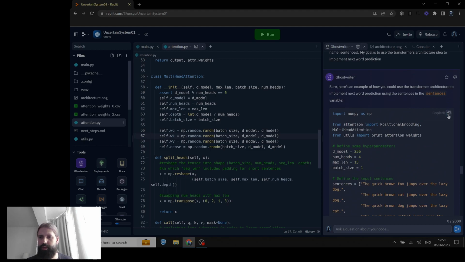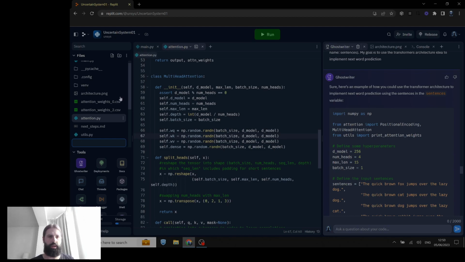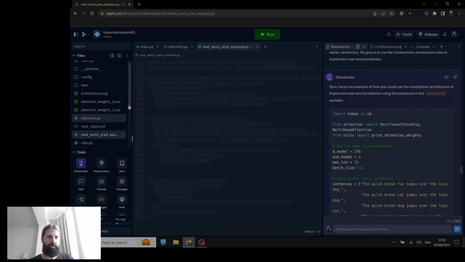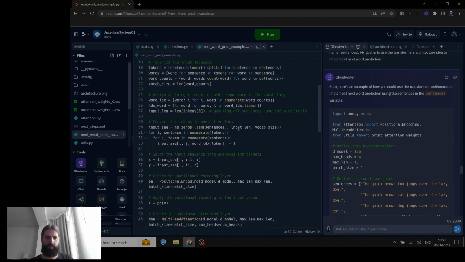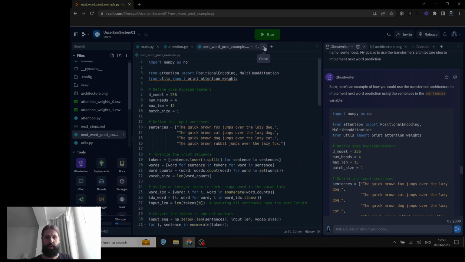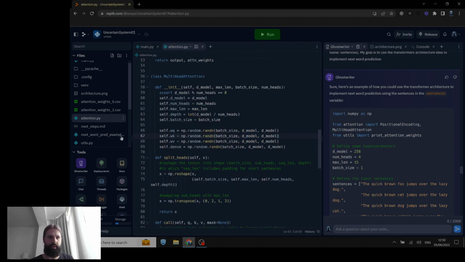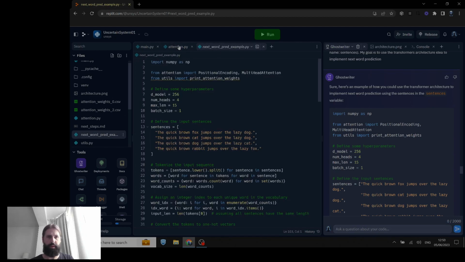So let me just copy these and create a new file called next word prediction example in Python, and let's just use these in here, and yeah, so we have that open next time.